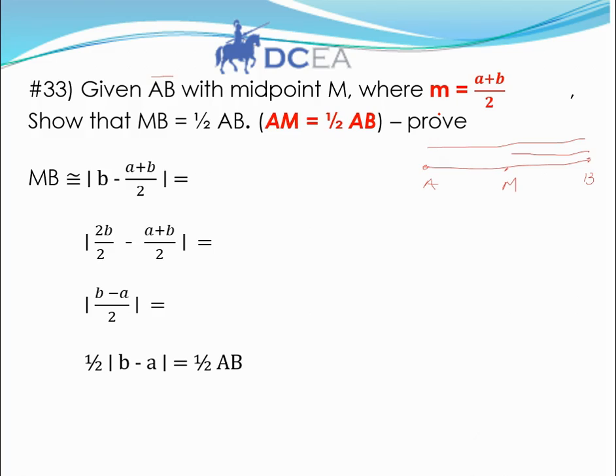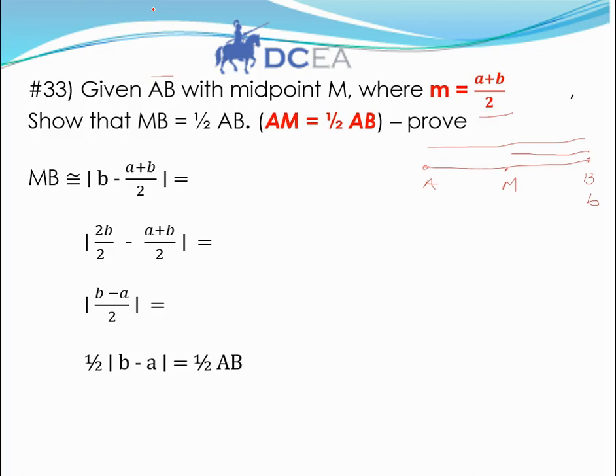Okay? So MB is congruent to the coordinate b minus this formula right here. So b, absolute value of b minus the formula for the coordinate of the midpoint.